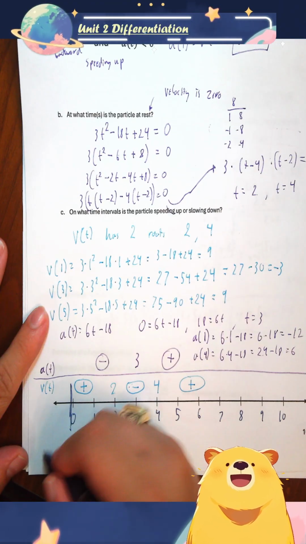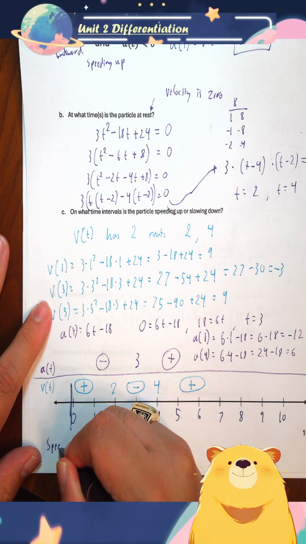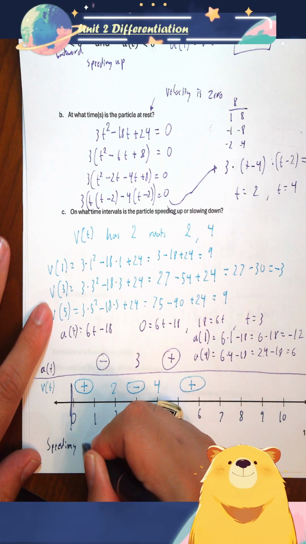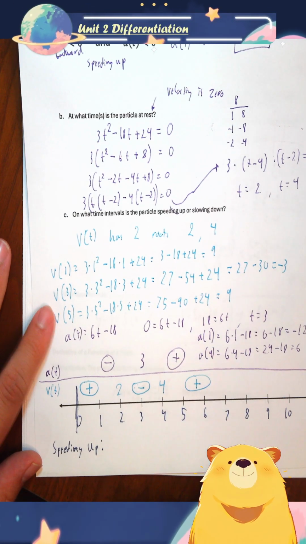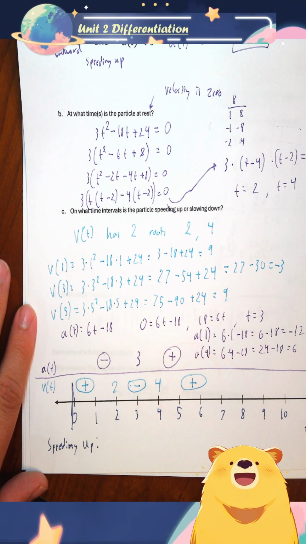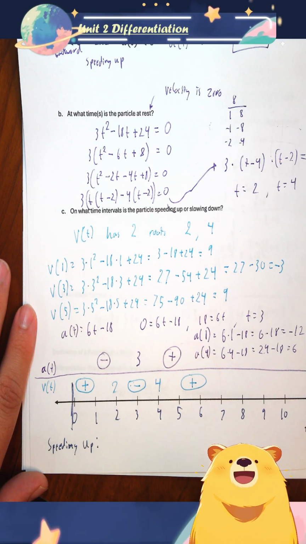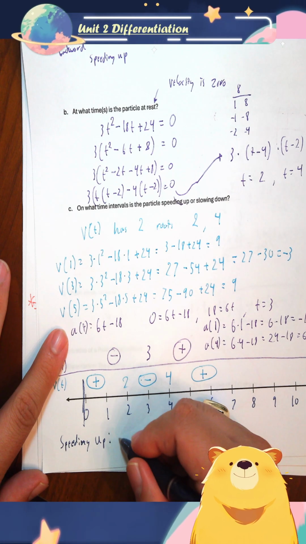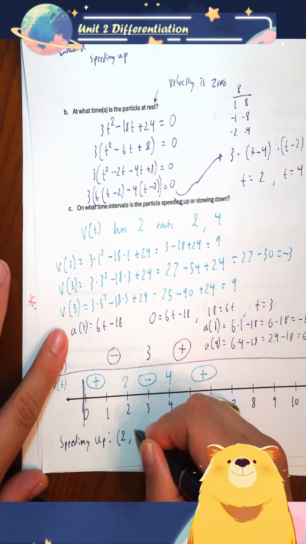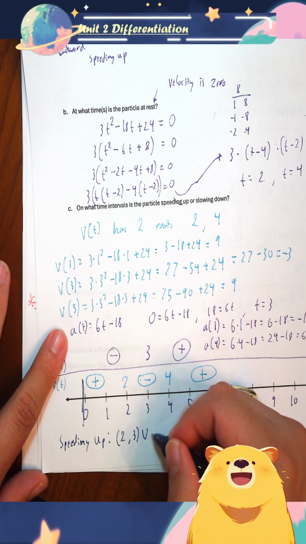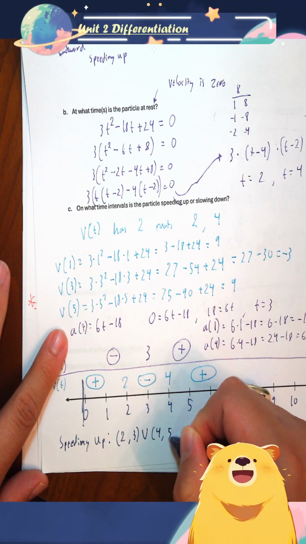Now we see here in terms of speeding up, that they only share the same values from 2 to 3, and from 4 to 5.